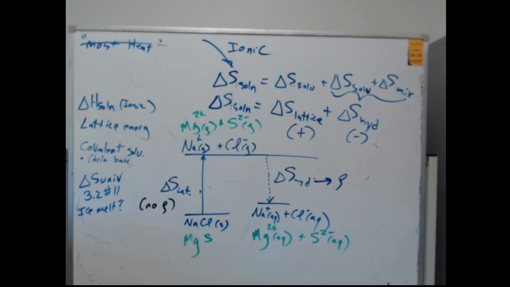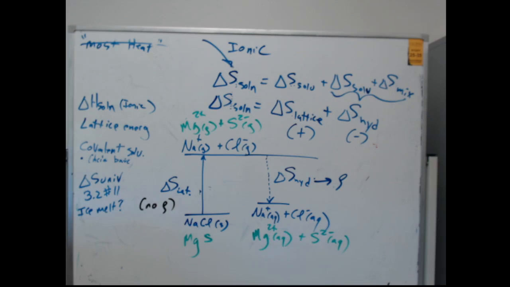So also for the entropy of hydration, when there's an increased charge density, the entropy of hydration increases, right? I want to be careful about the word increases, because some people hear increases and think it moves more positive. The entropy of hydration becomes a larger value, and it's a larger negative value.